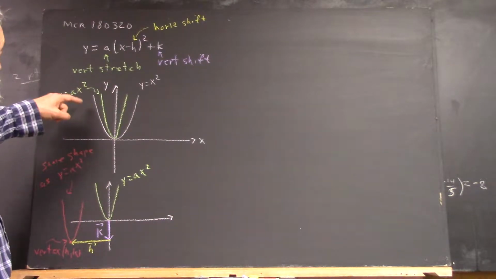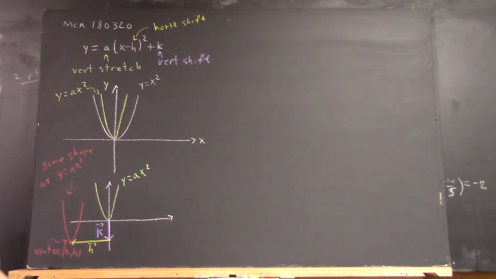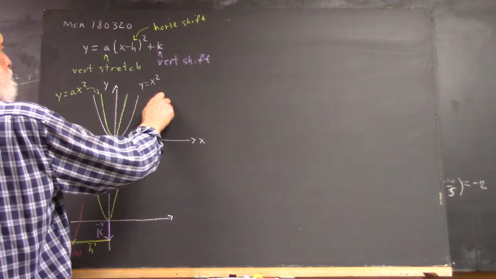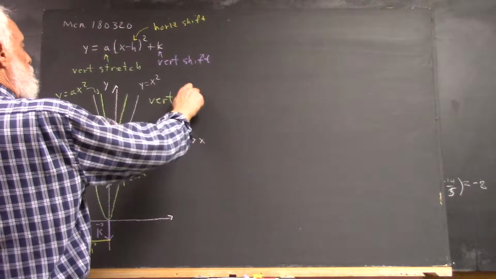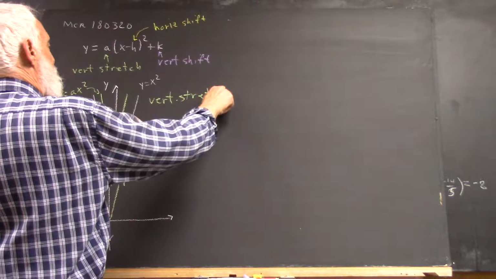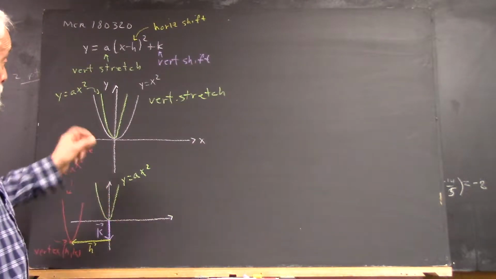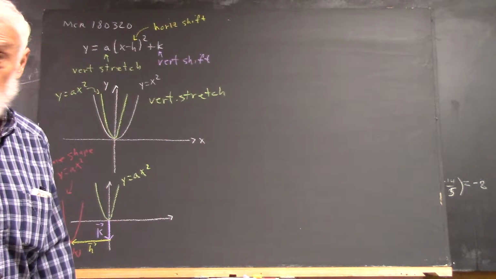Okay? So here's your vertical stretch. You multiply every y value by a. If a is bigger than 1 and positive, that makes the graph taller and skinnier, right?